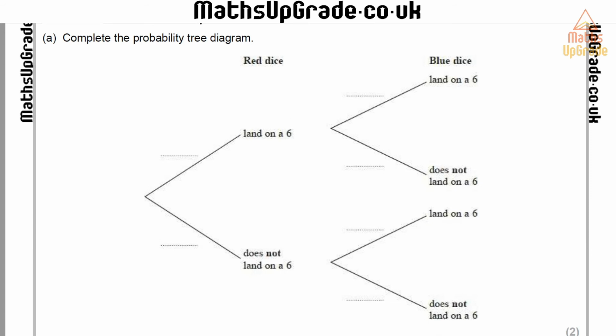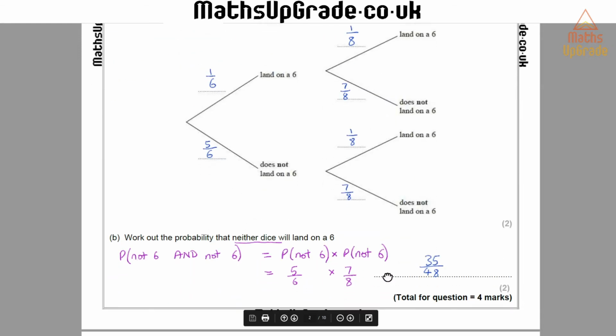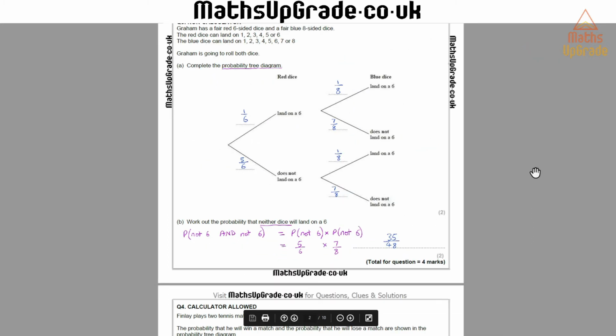So neither dice landing on a 6 is this branch here and this branch here. Since it's an and, it means multiply. And is multiplying probability. So I need to do 5/6 multiplied by 7/8, and that becomes 35/48. And that's the 4 marks there for that question.